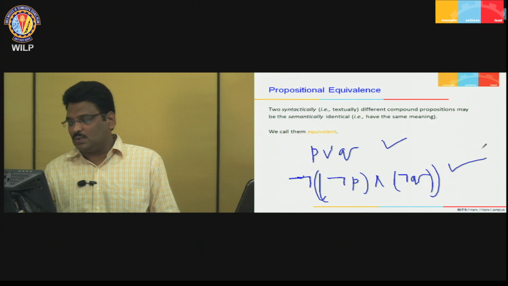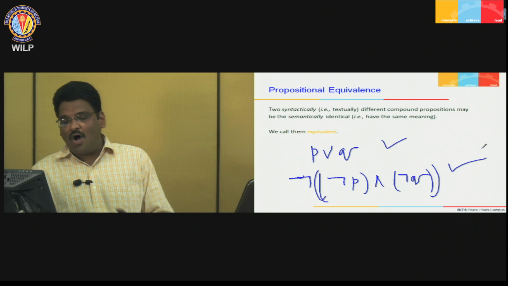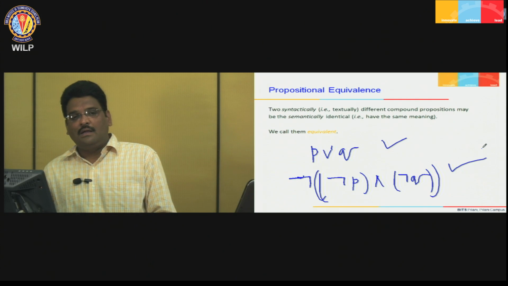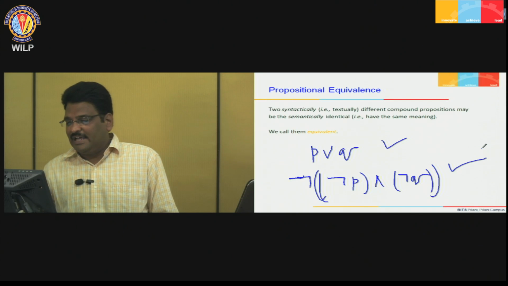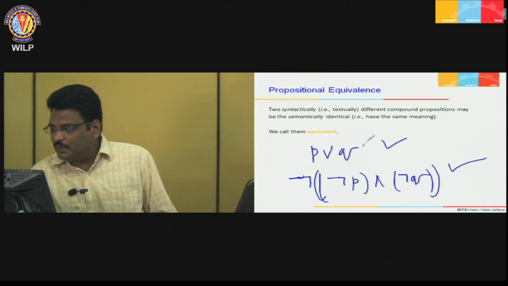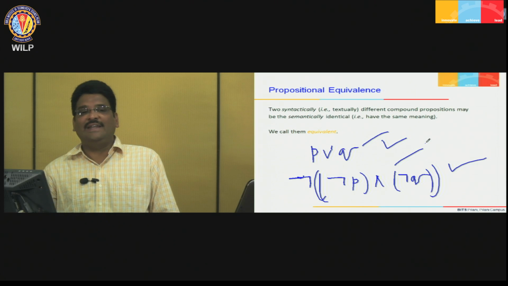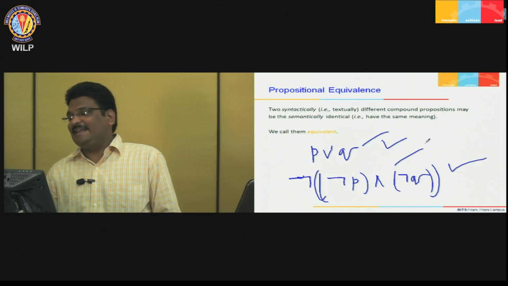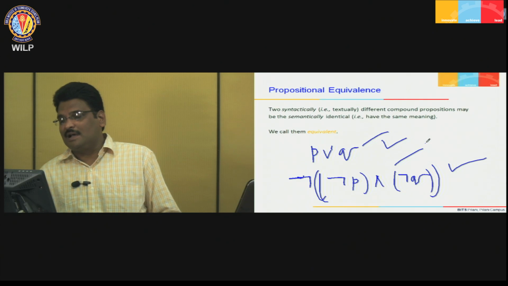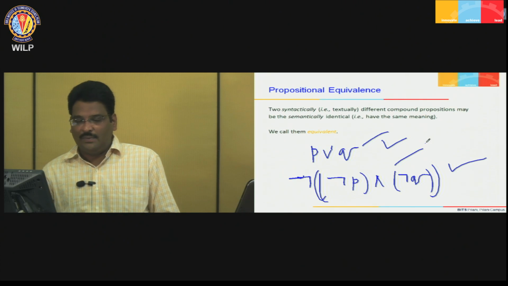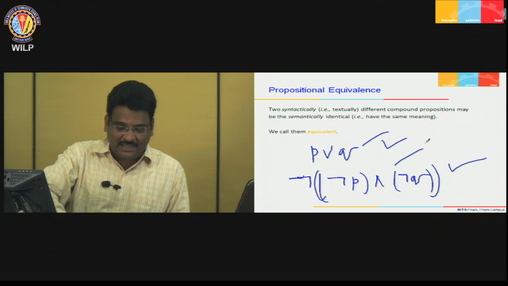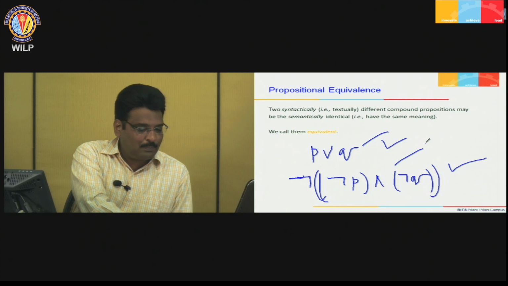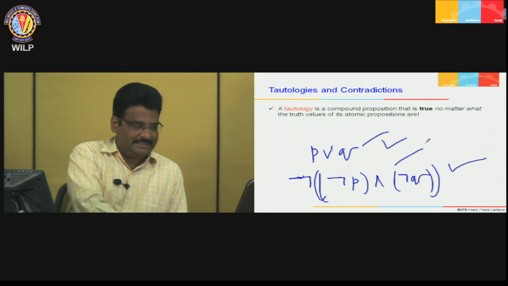How do we say these two are the same? Generally, for all possible values that P and Q can assume, if both of them give the same truth value, then we say these two statements are semantically equal, or the two propositions are equivalent. We will take an example and see it.